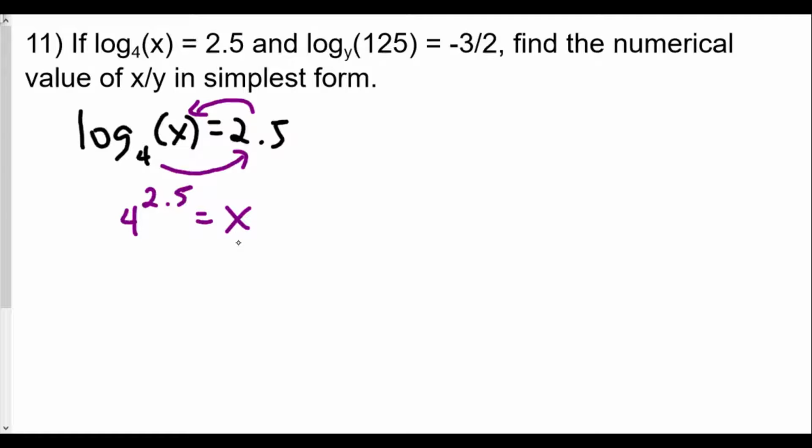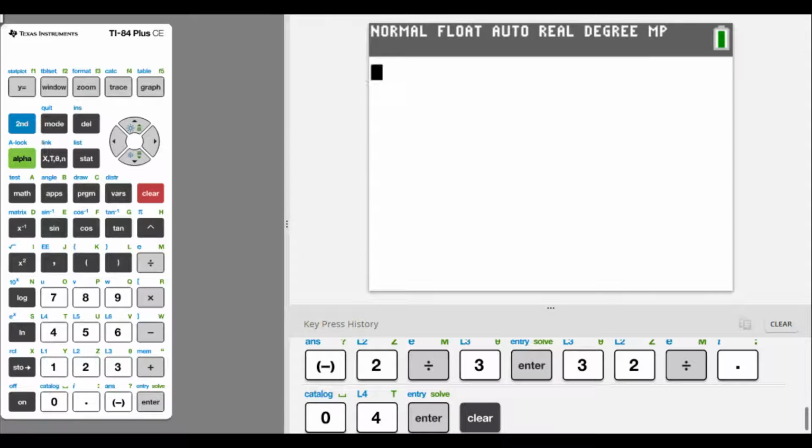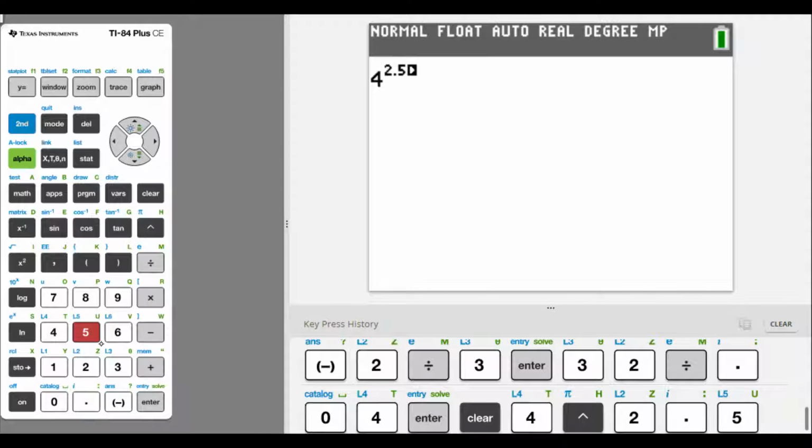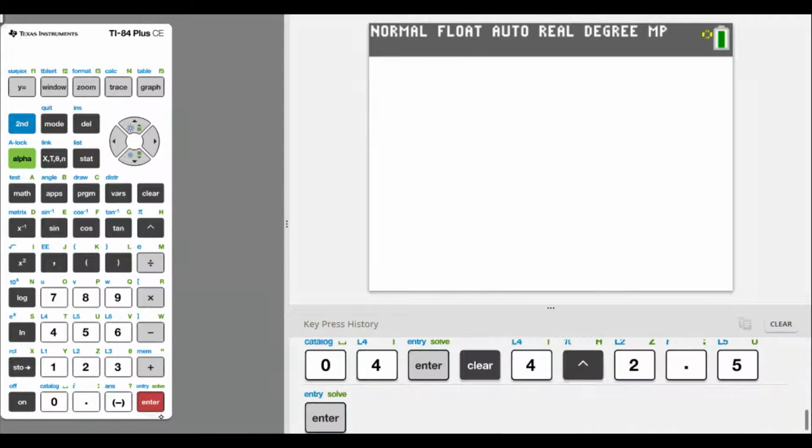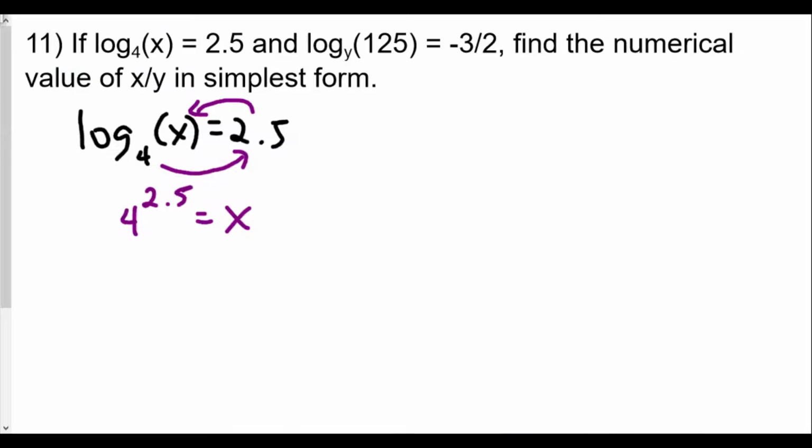Let's find the value of 4 to the 2.5. We take 4 raised to 2.5, and we get 32. We have a calculator, right? So x is 32. Okay, so that's the first part.